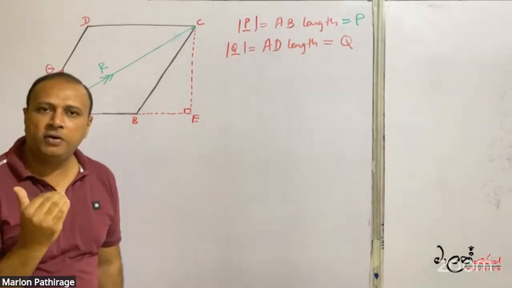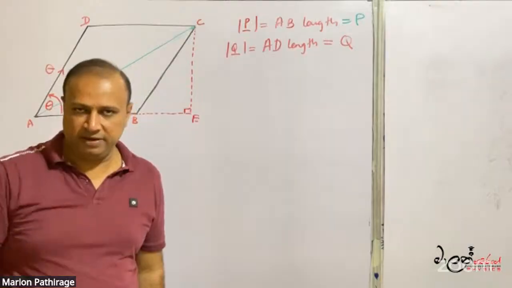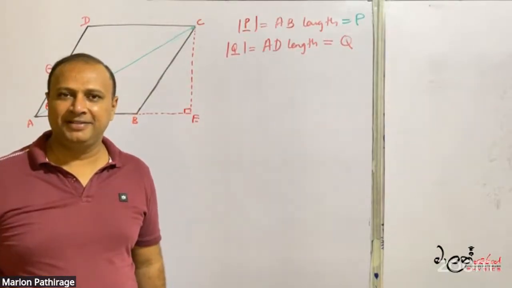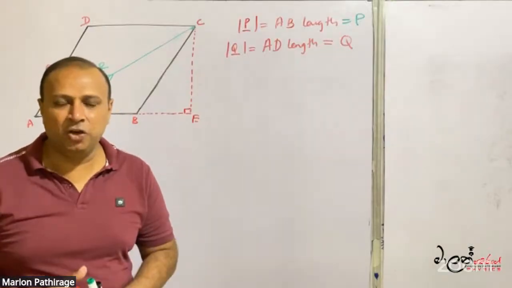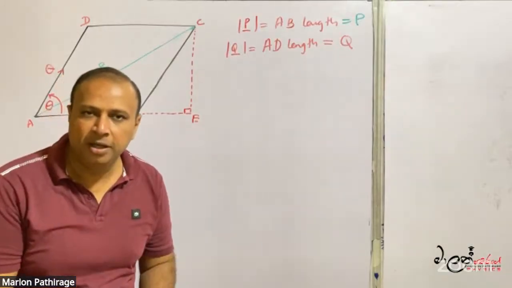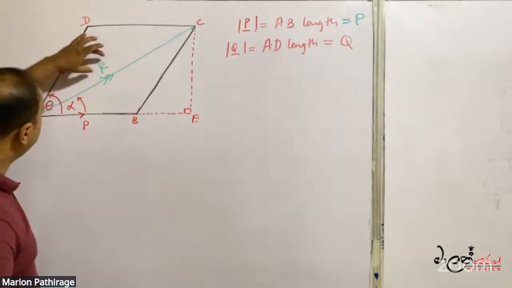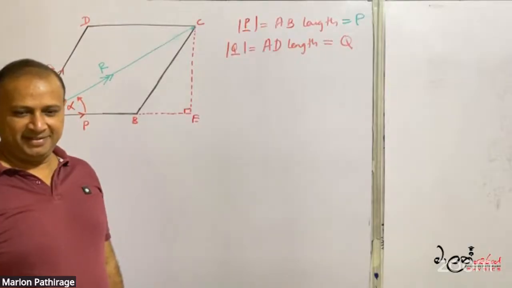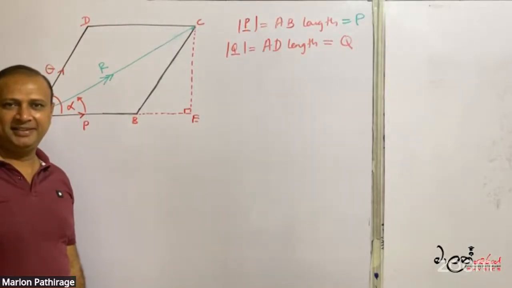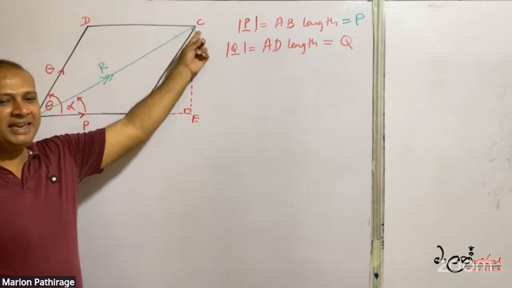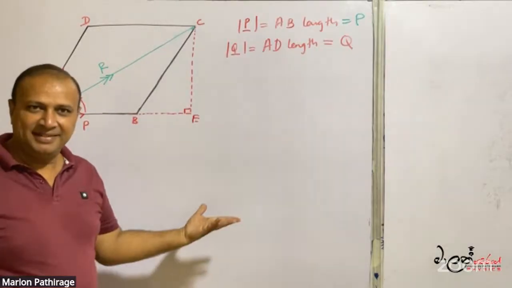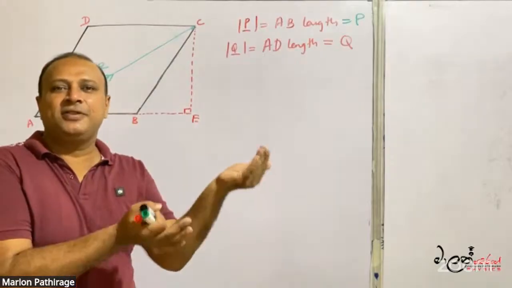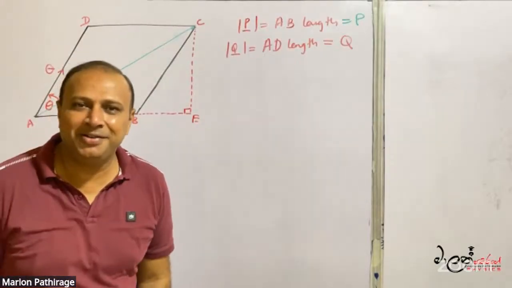Now, if we want to determine the magnitude of the addition vector, then according to that argument, if you want to determine the magnitude of R, what should you determine? Definitely the AC length. Simple, no? You have to determine the AC length. The AC length is equal to the magnitude of the R vector.